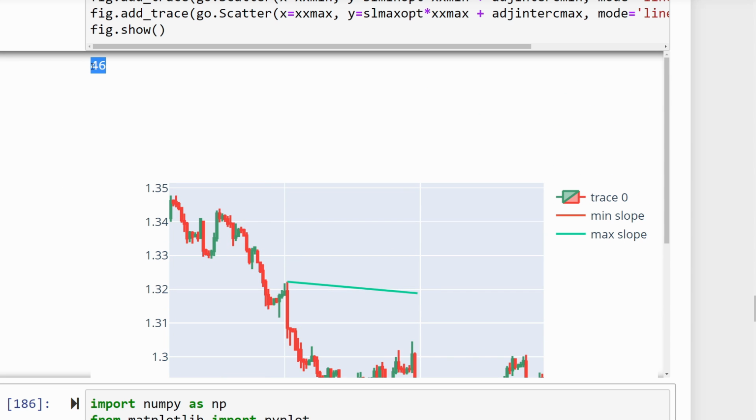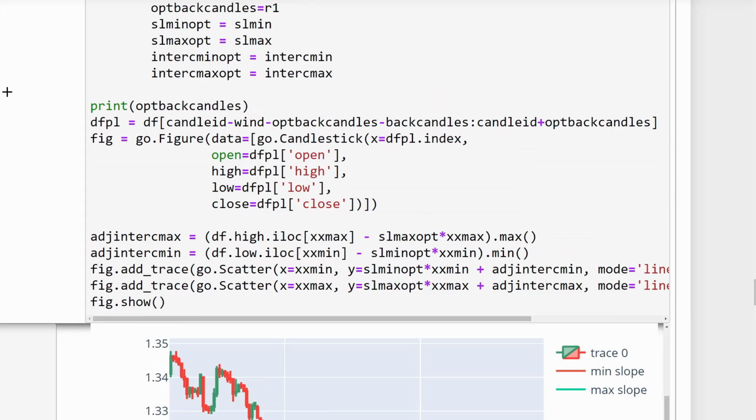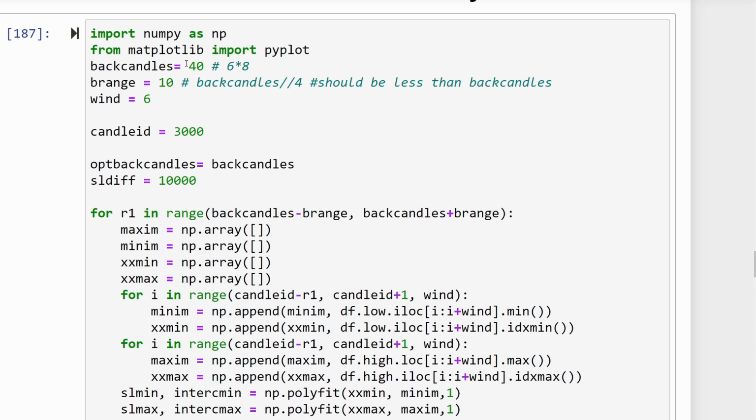And we can see here I've printed the optimized number of back candles. In this case, it's 46. Remember that this is going to be a result of what we have put here. So we have put 40 back candles plus or minus 10, so it's going to go between 30 and 50 back candles to be tested. The small slicing window width is 6 candles. And we are testing this for the candle ID that is 3000.